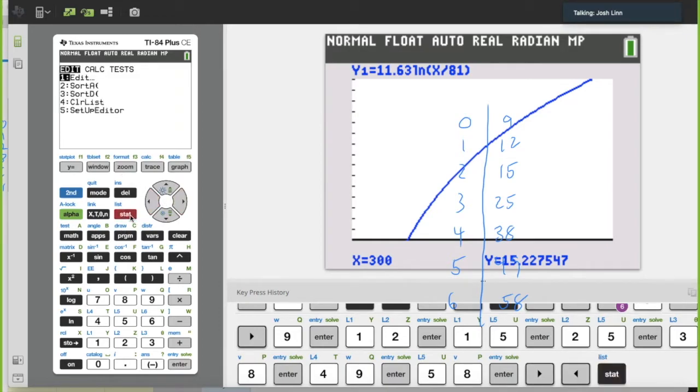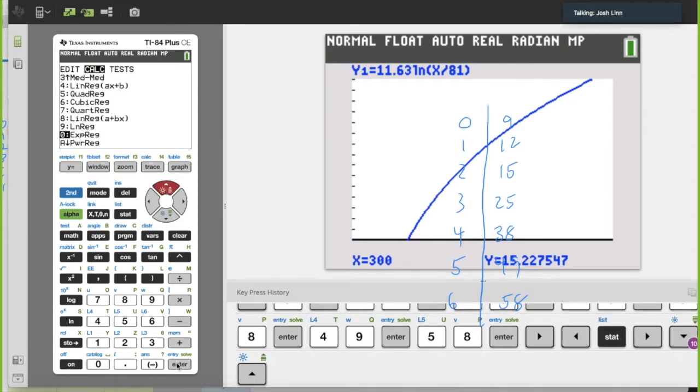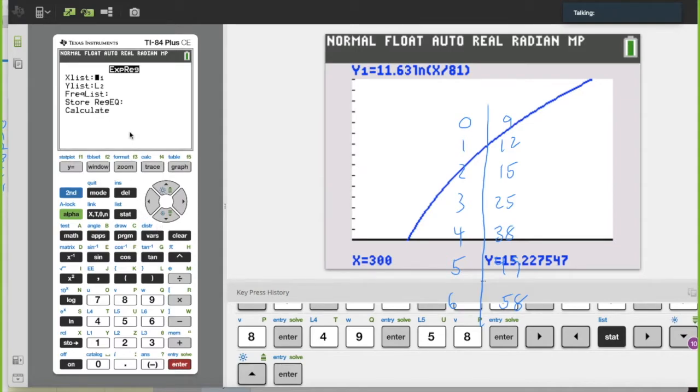And so we go back to our stats. So we're going to go to calculate. So I pushed over. And we know that this is an exponential growth thing. So we want exponential regression. And list 1, list 2. And let's fire away. So there we go.